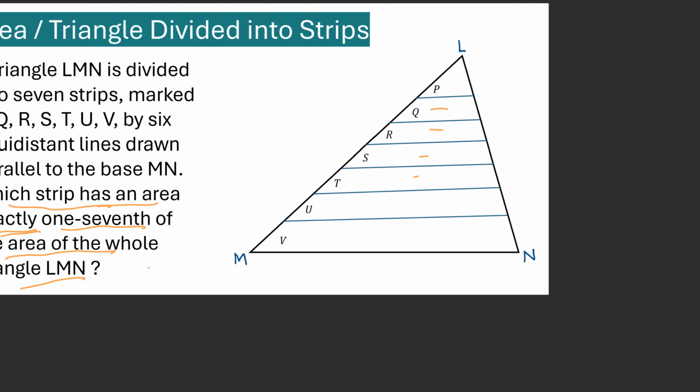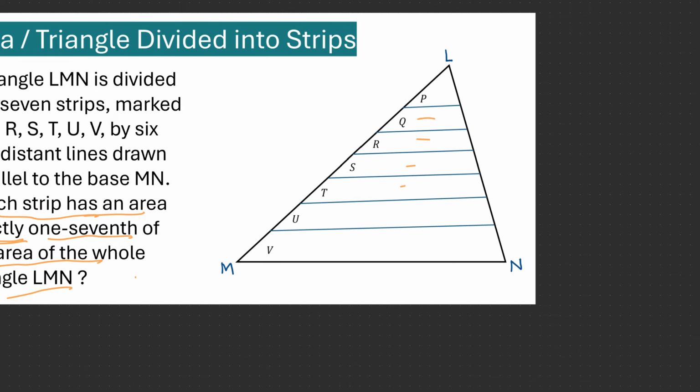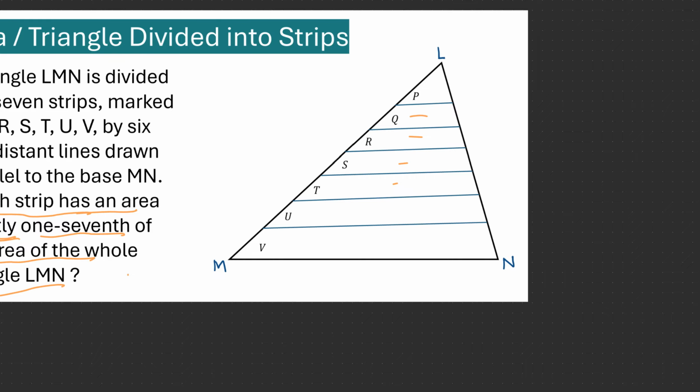So what is the area of the triangle LMN? Half times base times height. So we assume that MN is equal to the base B. So let MN be equal to B, and suppose the height of the triangle is h.